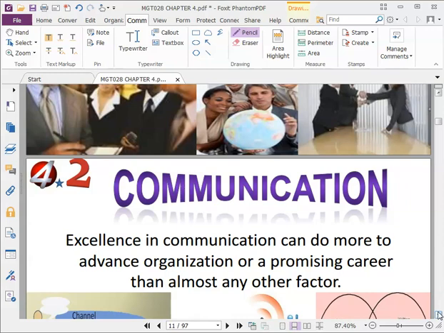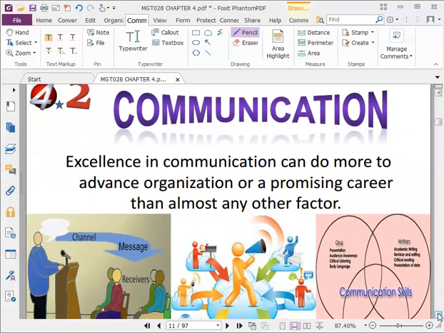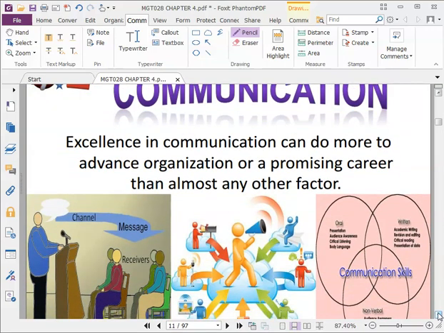Bukan setakat communication tu kena ada saja, but we must apply good or efficient communication, ataupun komunikasi yang berkesan. Kalau dah ada komunikasi yang berkesan, barulah an organization will achieve their goals successfully. So that is the importance of communication.